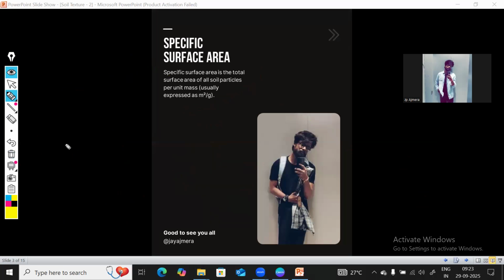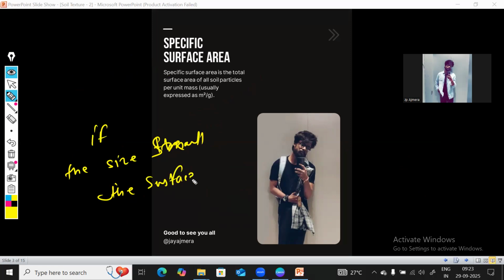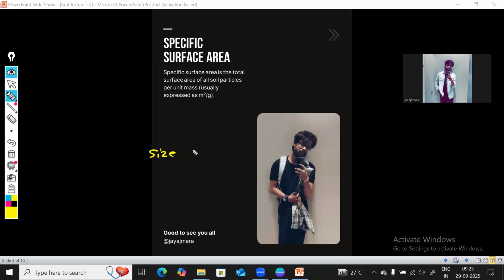What do we learn here? If the size is small, the surface area is large. That means size is inversely proportional to surface area.